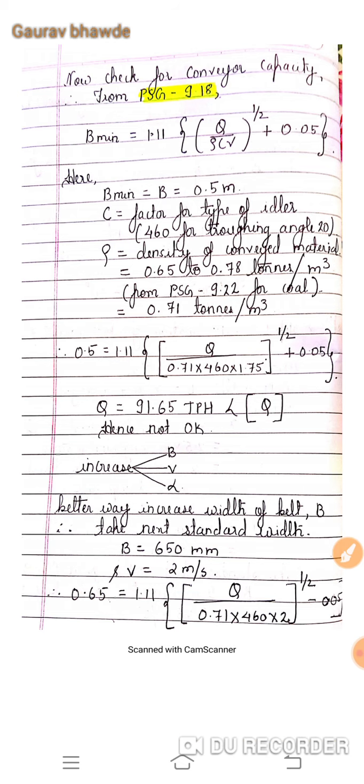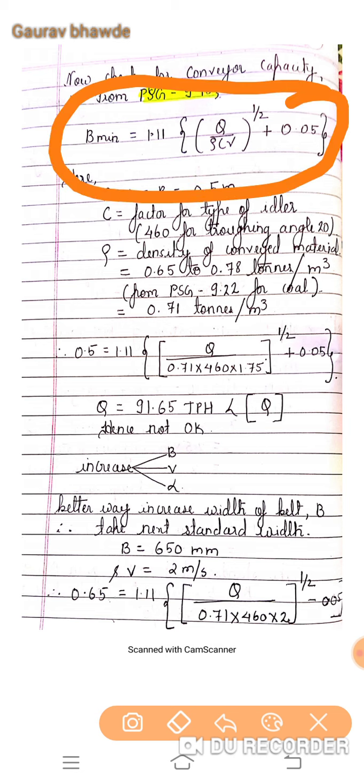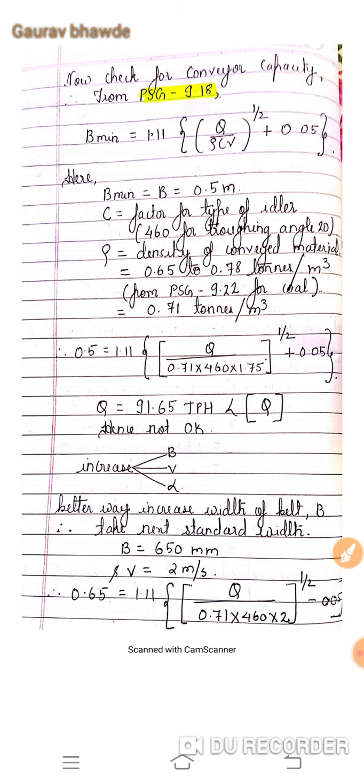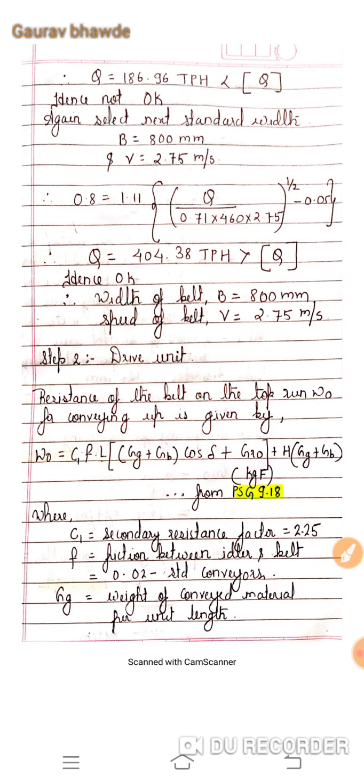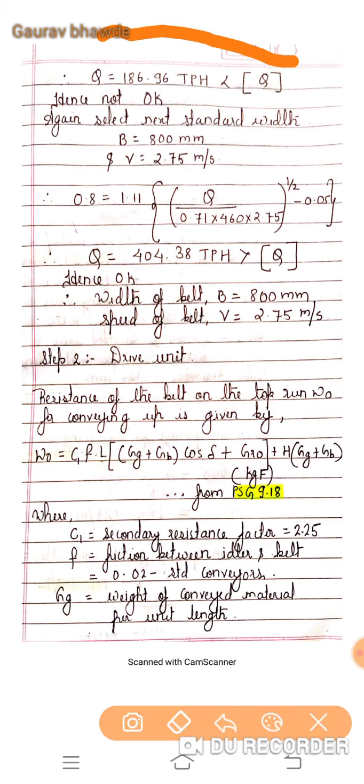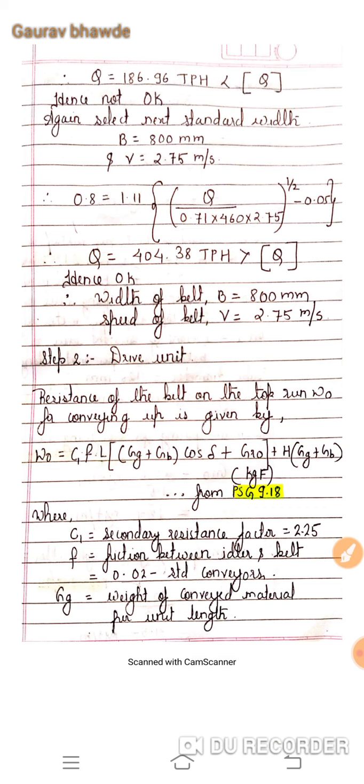Putting these values again into the formula for conveyor capacity, we get Q equals 186.96 tons per hour, which is again less than the conveyor capacity of 250 tons per hour. Hence not okay.